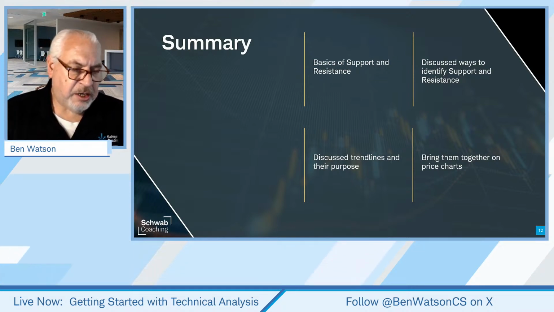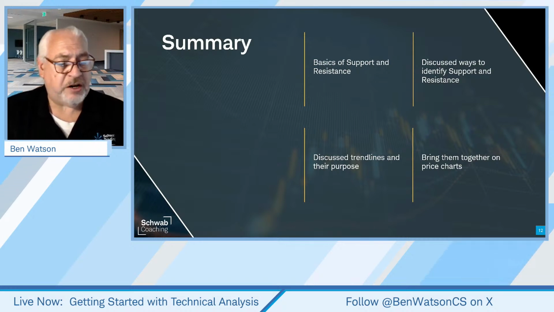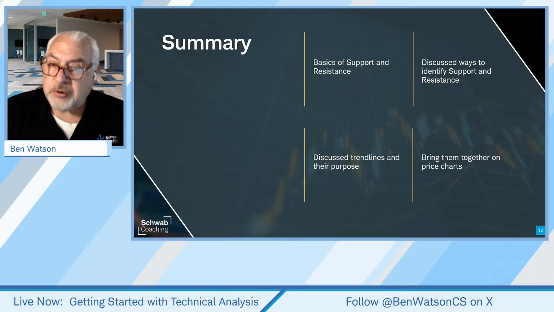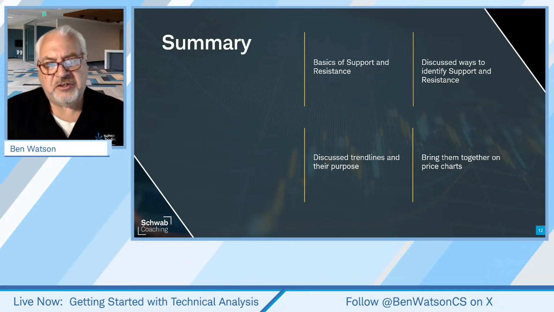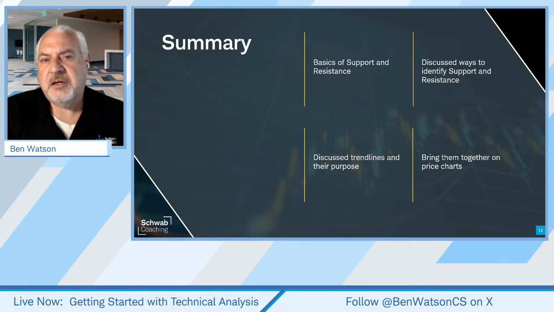Yeah, so serious question, again, about Fibonacci's and pivot points. Those are great confirming tools, but in and of themselves, they don't tell us what levels of support and resistance are. Remember, I'm going to say it one more time. I took my glasses off before. I'm going to take them off again.